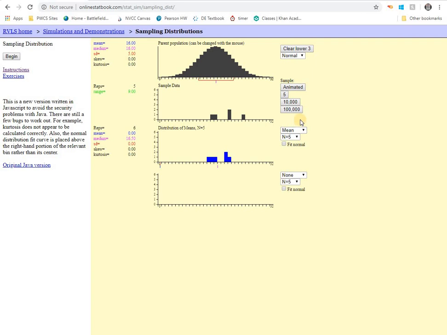Okay? So what I'm going to do now is, if I were to do 100,000 samples. Look at all this. I'm making more and more samples. My average is extremely close, but my standard deviation is significantly different. Okay?